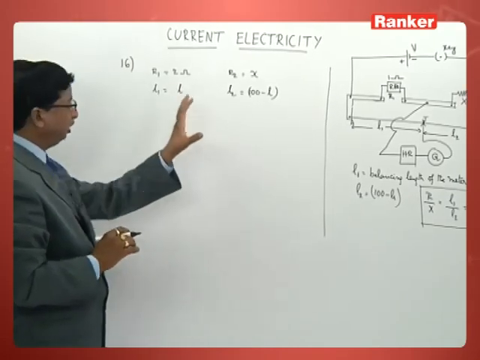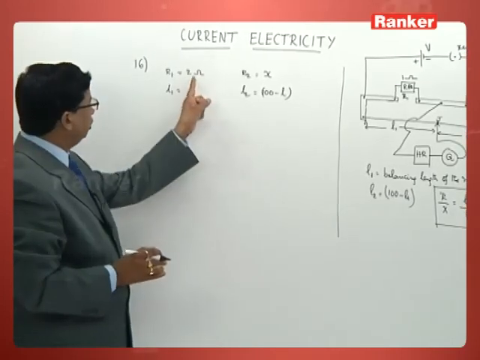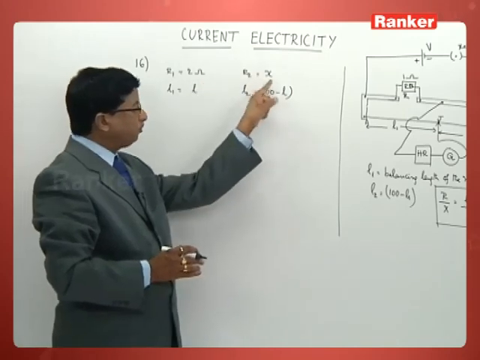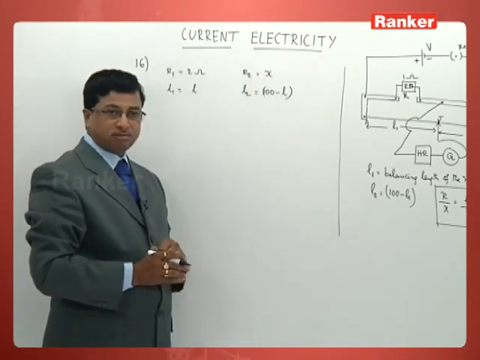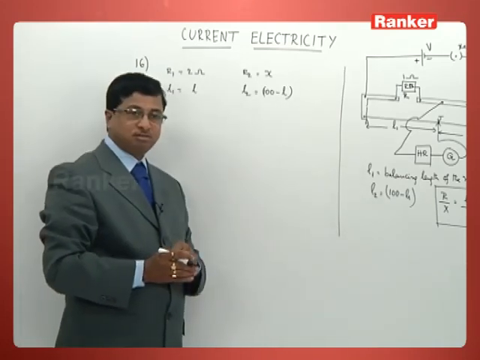So according to the given data, in the first half of the problem, 2 ohm is connected in one gap, unknown resistance is connected in the other gap. He has not mentioned what is the balance length.